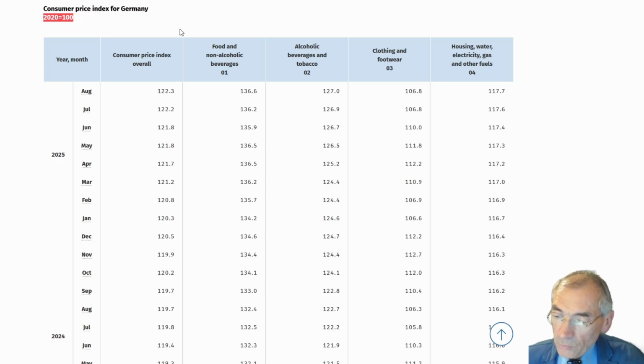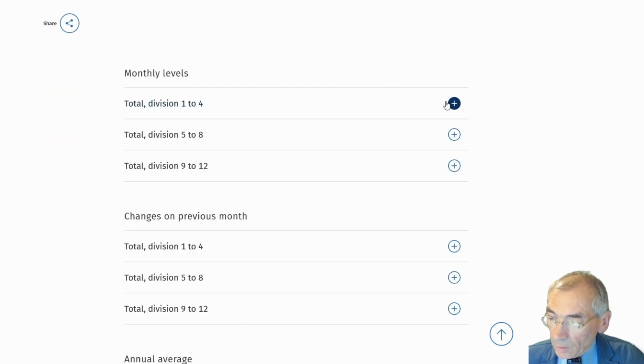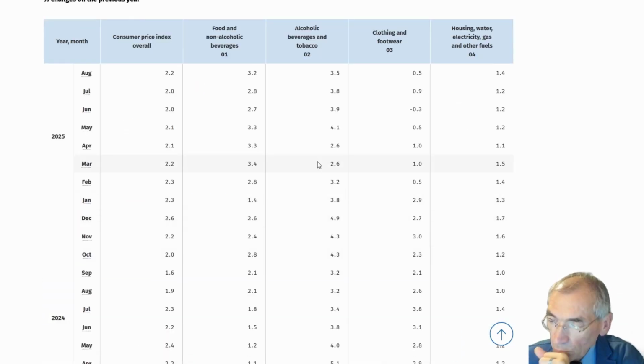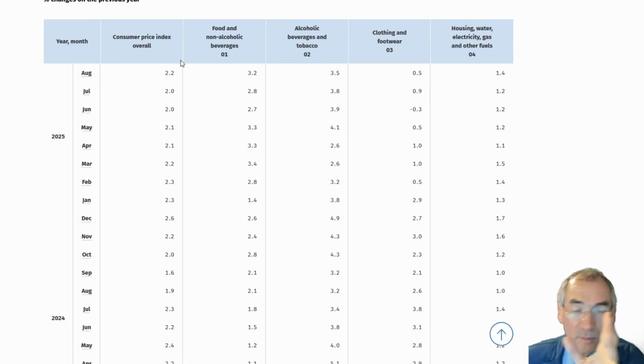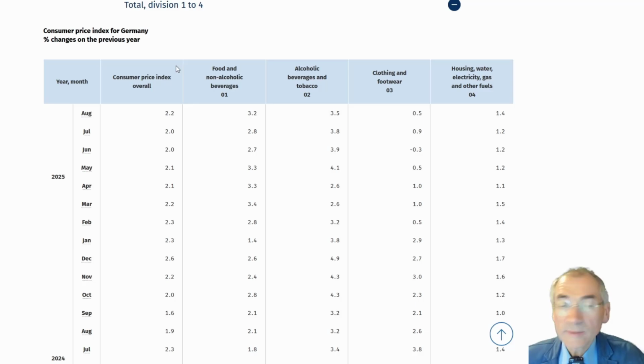And also the difference between a price index, that's what we had here, and then it says here changes on previous month, changes on the month of the year before. There we get totally different numbers. It's not 100 something, but it's 2.2, 2.0. What is this that we are looking at?